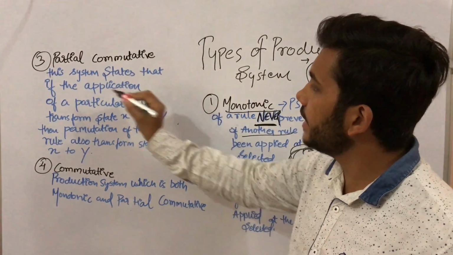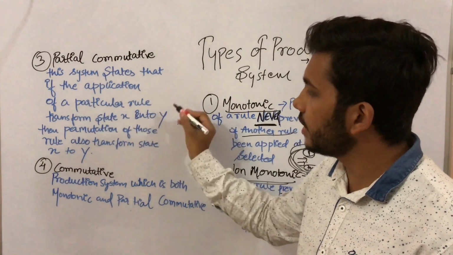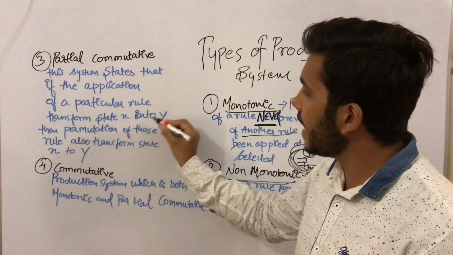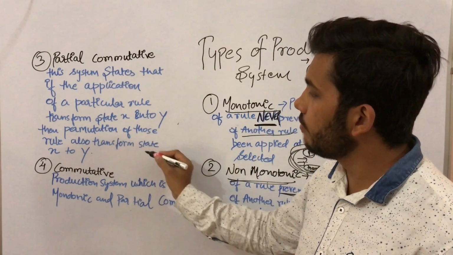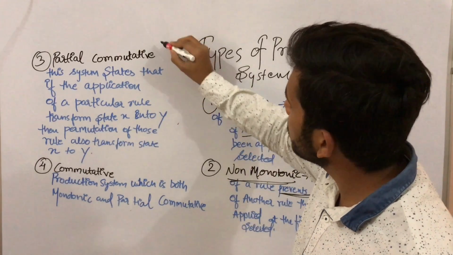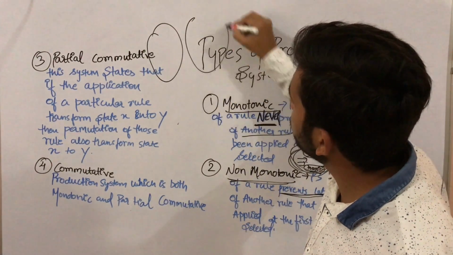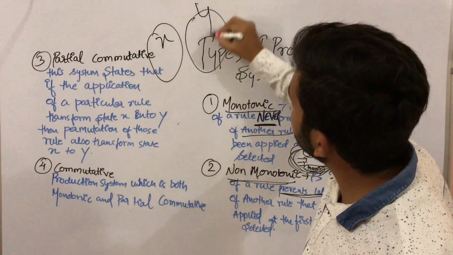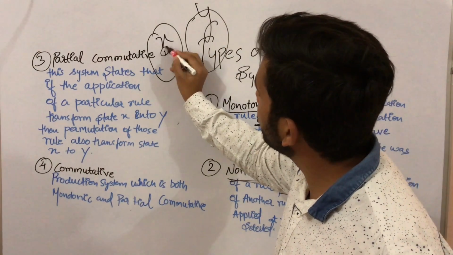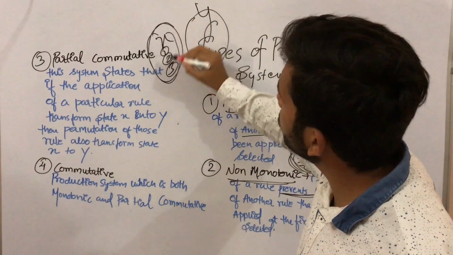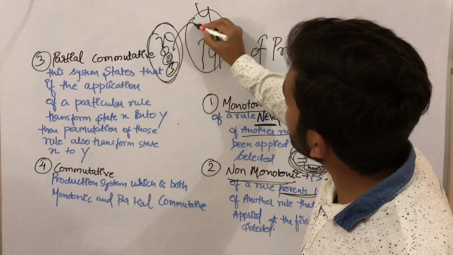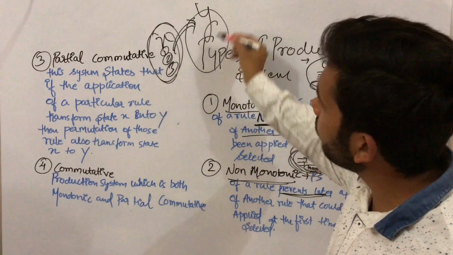Second, partial commutative. This system states that if an application of a particular rule sequence transforms state x into state y, then any permutation of those rules also transforms state x to y. Means suppose there are two states, state x and state y, and there were three rules, 1, 2, 3, and using these three rules state x was converted to state y.